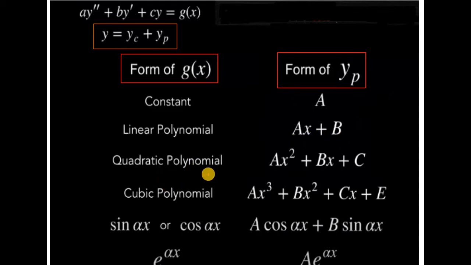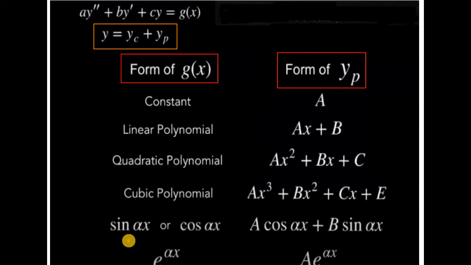Quadratic polynomial: if we have a forcing function that is a quadratic polynomial, then our trial solution will be ax square plus bx plus c. Cubic polynomial: our trial solution will be this generalized form of cubic expression.